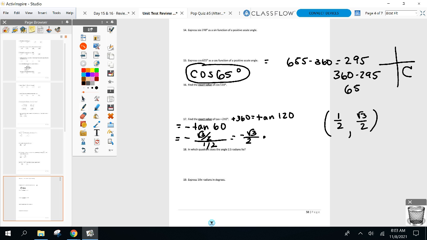Change it to multiplication and flip the bottom. Good. Cross multiply. We got the 2's going. What do you got left on top? Negative radical 3. I don't know. Are we right? How can I check if I'm right? Tangent negative 240 equals that. Negative radical 3. Is that the same?